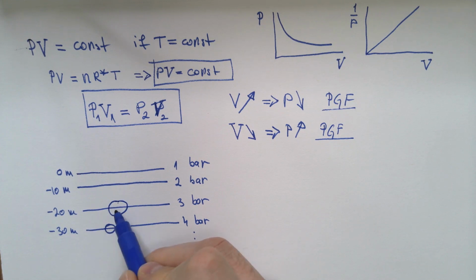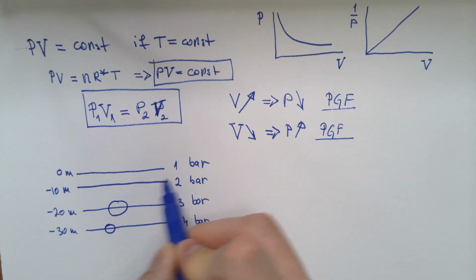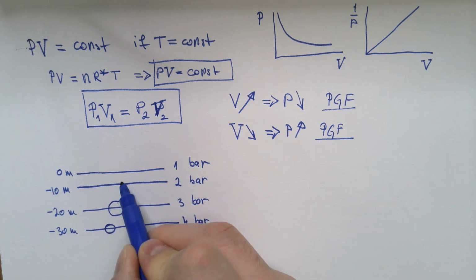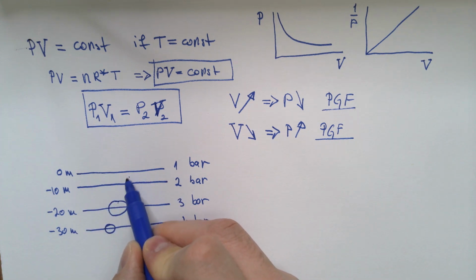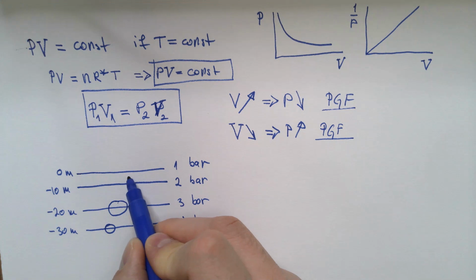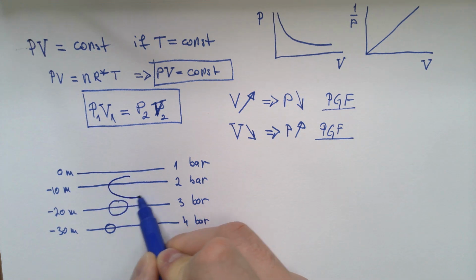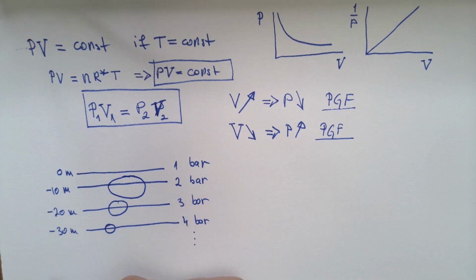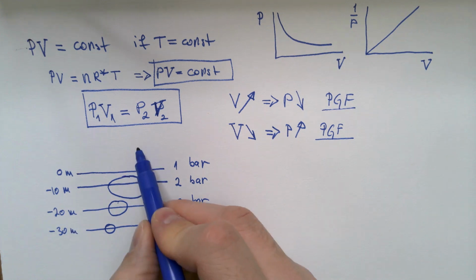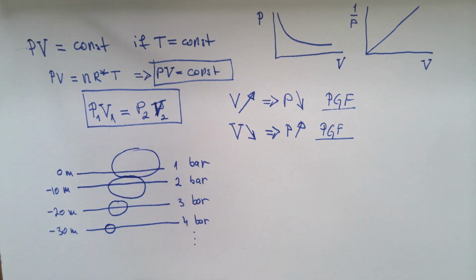So your lungs grow. Now you still don't release your breath, you keep that air, you go to 2 bars, to 10 meters below the surface. Pressure decreases, you're keeping that air, which means volume of the lungs will increase even more, and at the surface it would be even bigger.